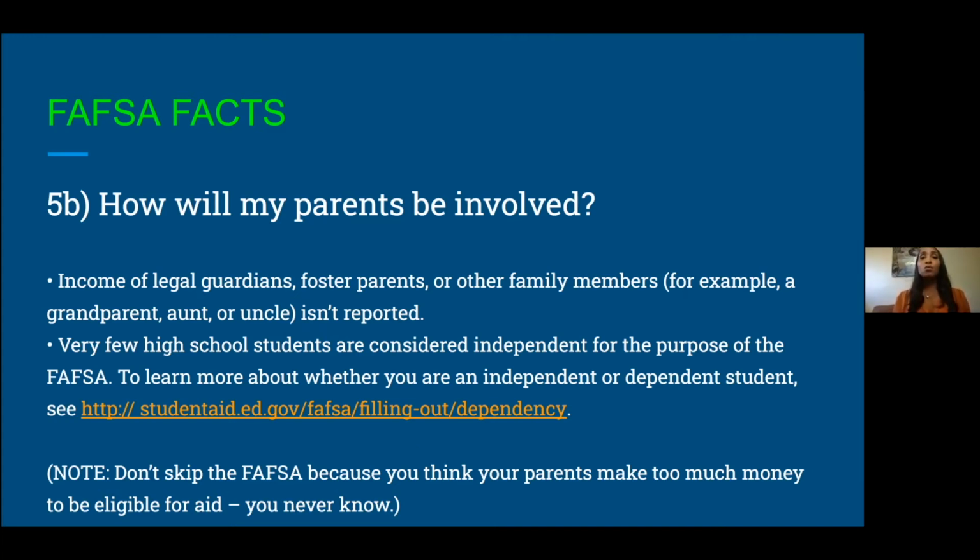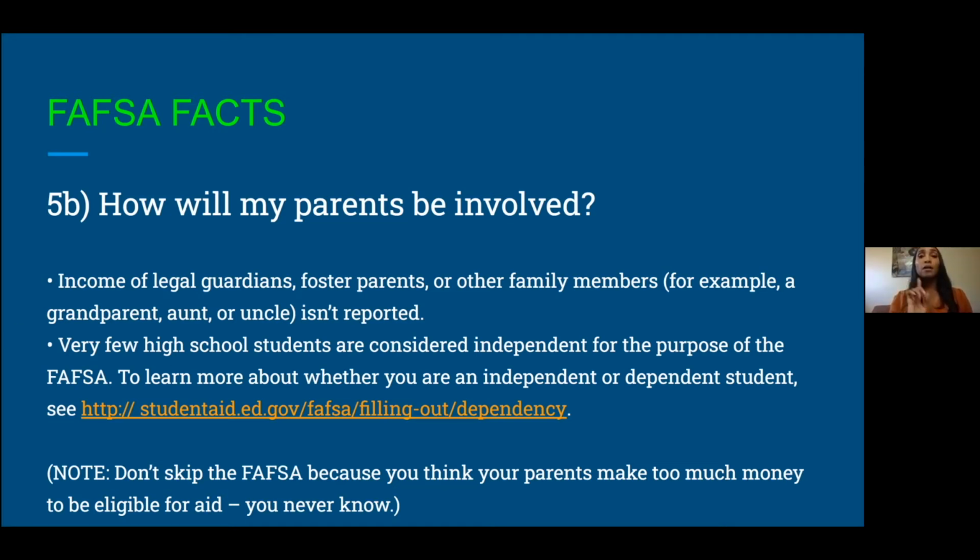There are some rules in regards to whether or not you are considered a dependent or independent student. So definitely take the time to go to, once again, studentaid.ed.gov, and it will help you better understand whether or not you fall into the dependent or the independent category as a student.